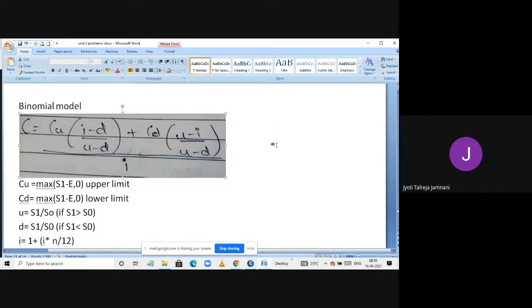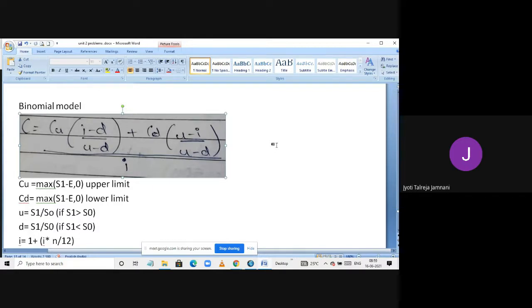Now first, before we go into the formula, what is the binomial model? The binomial model basically helps you in finding the premium of a particular option when the share price goes either above or below your expectation. So suppose the share price is 50 rupees today. Now the future is uncertain.